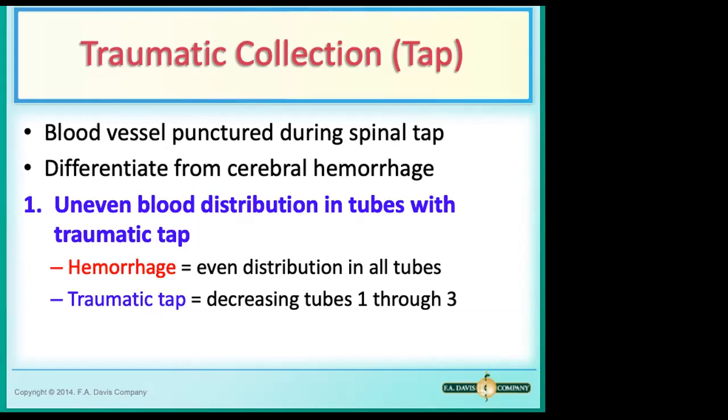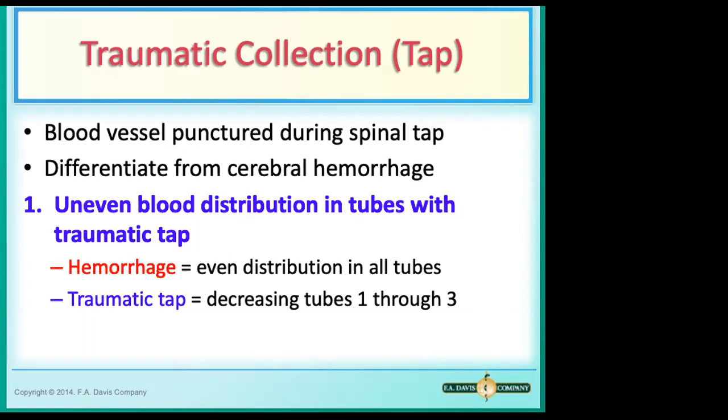So blood, let me just start over. Blood that is coming from hemorrhage in the brain will be distributed through the 3 tubes evenly. Remember how we collect 3 tubes. So you'll see an even amount of blood in those 3 tubes.